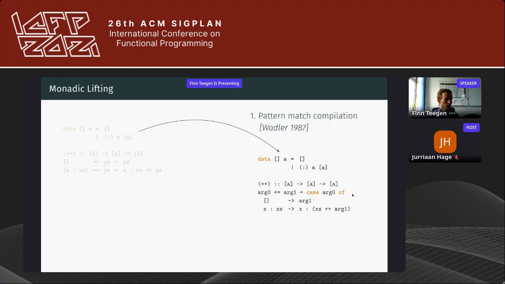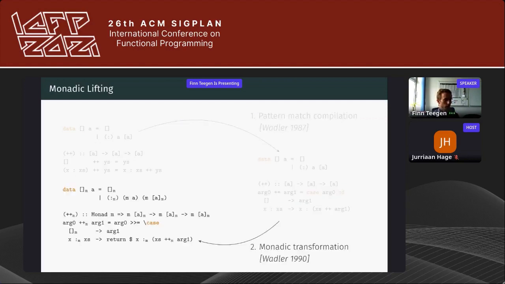And this is some kind of preliminary step for the actual monadic transformation that then takes place, which transforms the data type by adding a monadic type parameter to every component of a data type, and especially the pattern matching, which we have made explicit in this version, becomes a call to the bind operation of the monad we use for the lifting, which is M in this case.